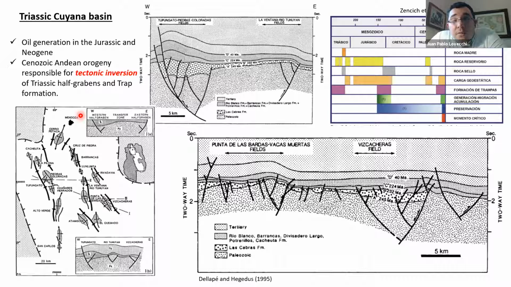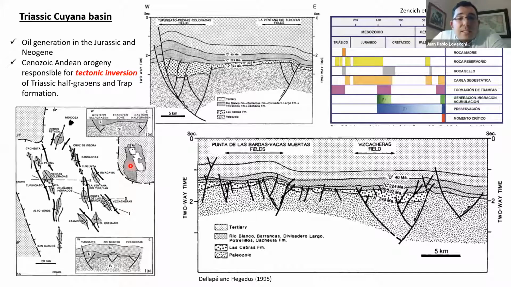What's important from the Andean orogeny also is the deposition of foreland sequences that usually help maturate the source rocks. So the overburden of the Cenozoic assists in maturating the source rocks.